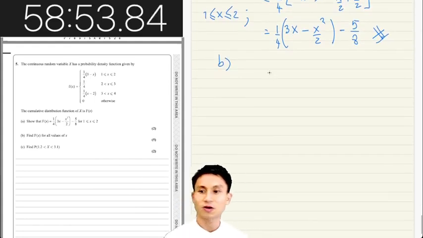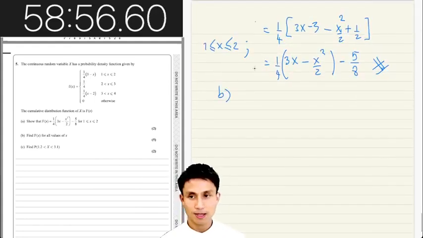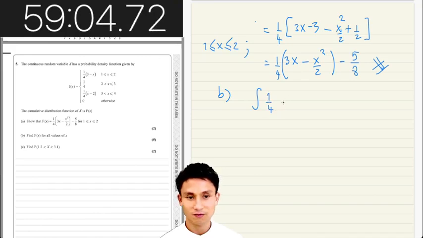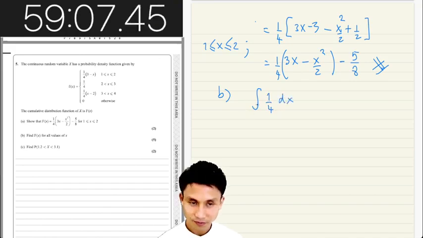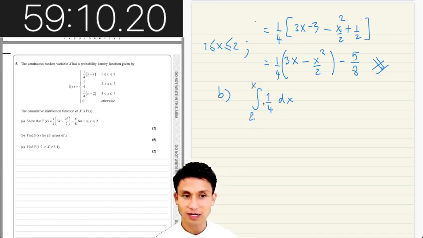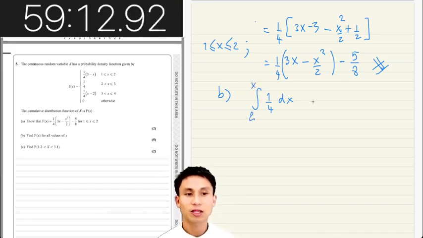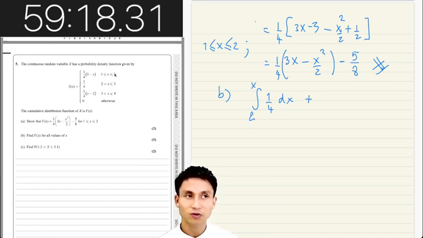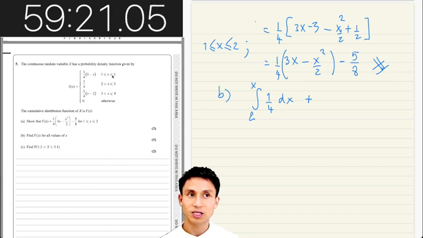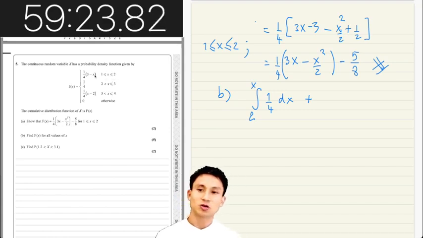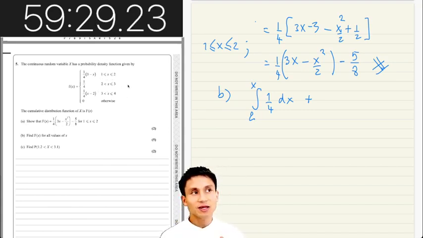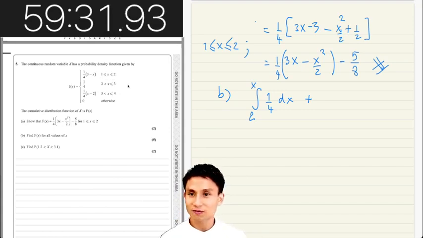Part B, find F(x) for all the values of x, all right? Now, you still have to integrate the next function, putting the bounds as 2 and x again. But then you have to add the value from the previous cumulative value. Because when you have a cumulative distribution, the area gets added up consecutively, right?